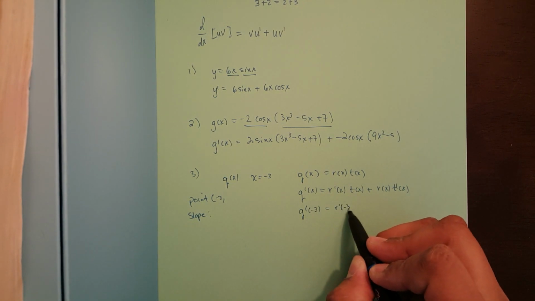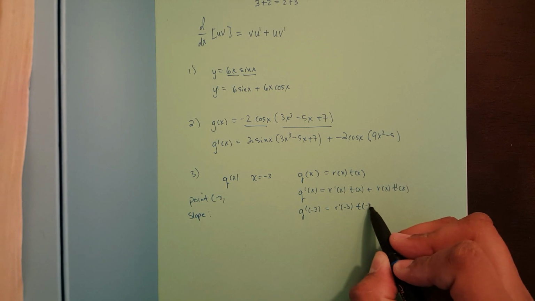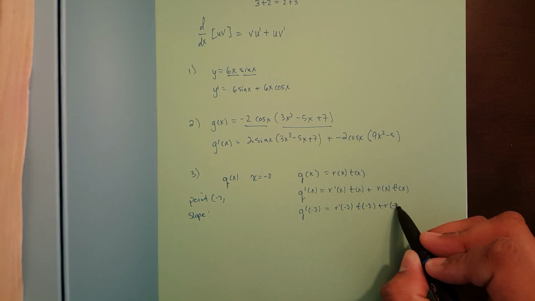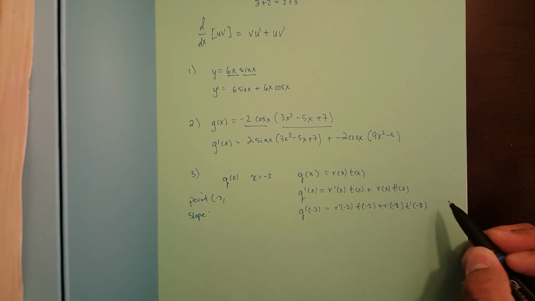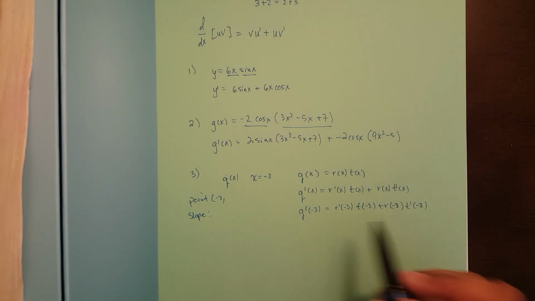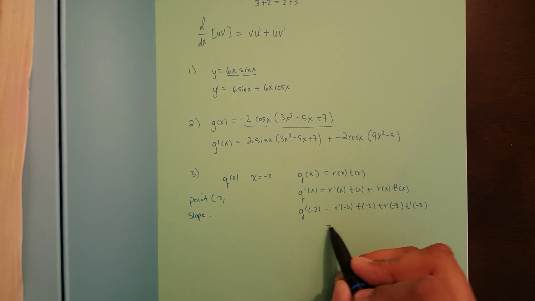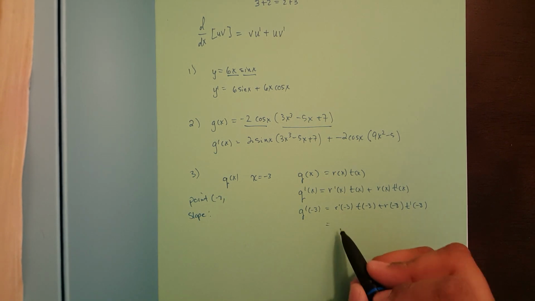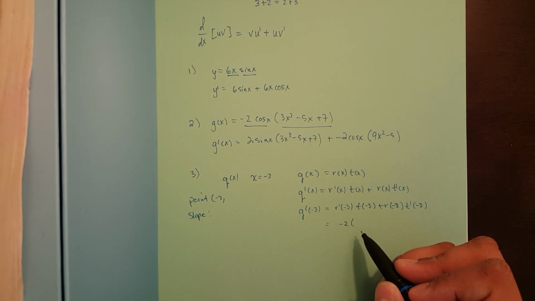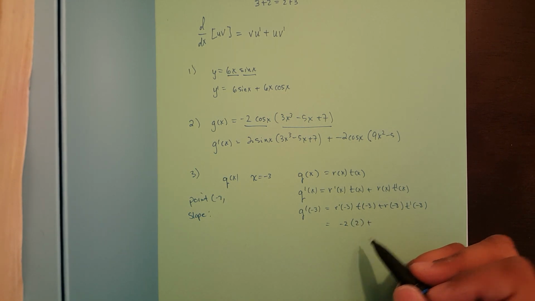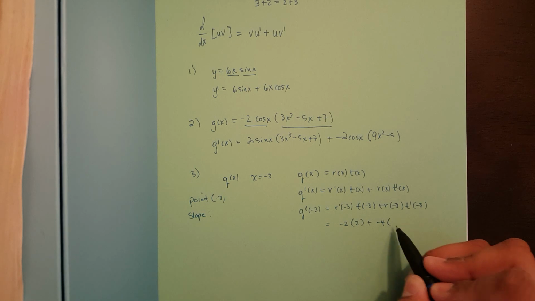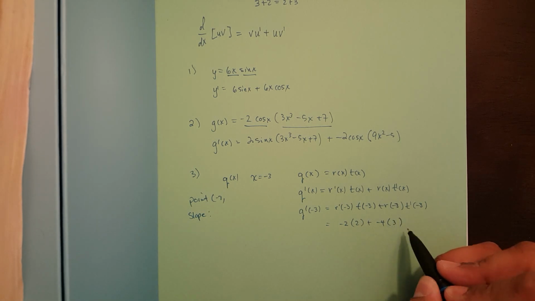So r prime of negative 3 times t of negative 3 plus r of negative 3 times t prime of negative 3, okay? So all we have to do is just fill in these numbers based on what the table's telling us, okay? So here we know that r prime of negative 3 is negative 2, and t of negative 3 is 2, plus r of negative 3 is negative 4, times t prime of negative 3 is 3, okay?